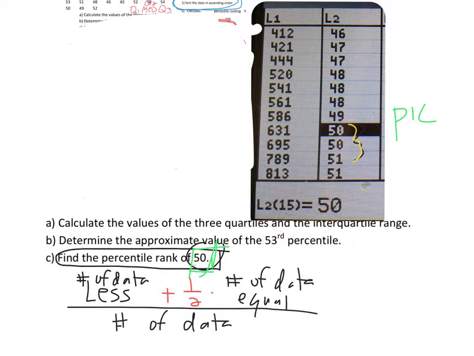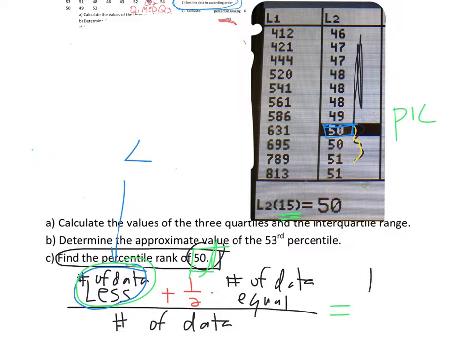What we're going to do is highlight the first one because we want to find the number of data that are less than 50. So since the first 50 is in the 15th spot, that tells you that 14 numbers are before that.